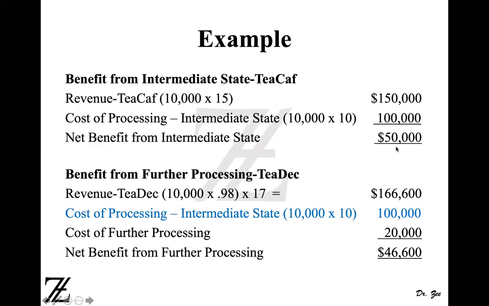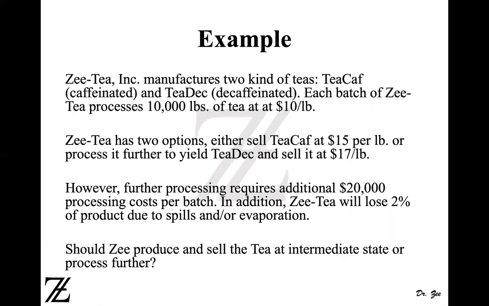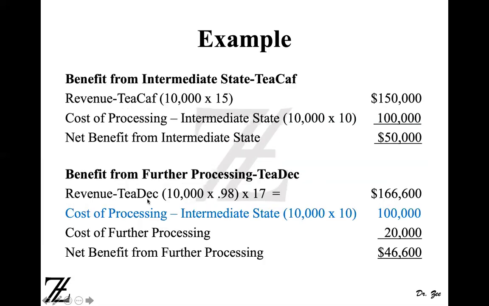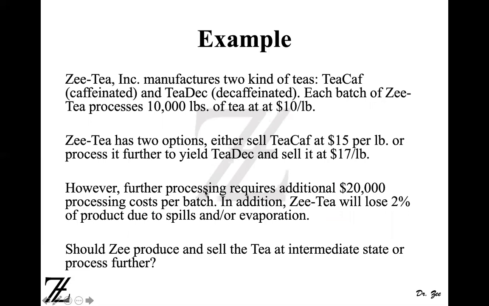However, if you process further, you can make more money because you can sell it at $17 instead of $15. So let's see here. Revenue from TDAC: it says 10,000 times 0.98 times 17. Why 0.98? Because you will lose 2% of the tea. It says that in addition, ZT will lose 2% of the product due to spills or evaporation.